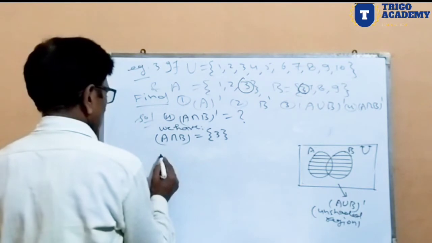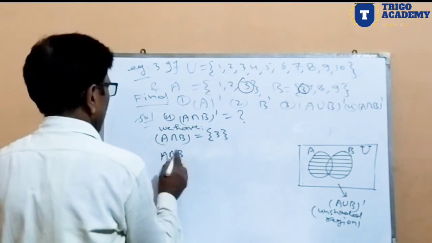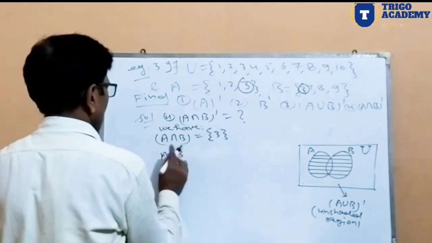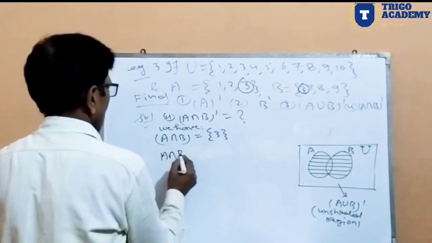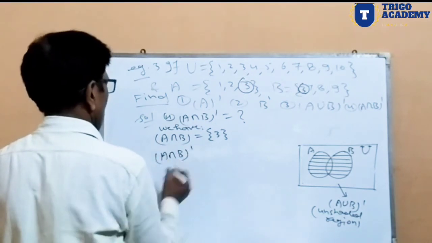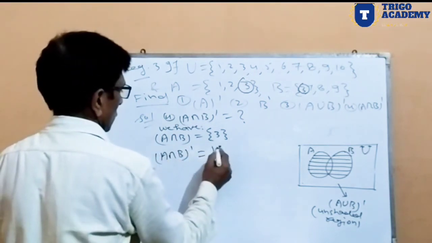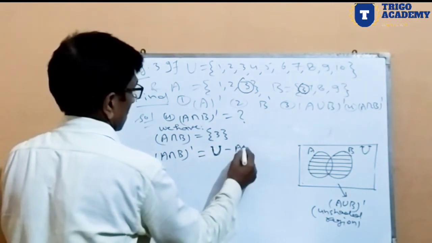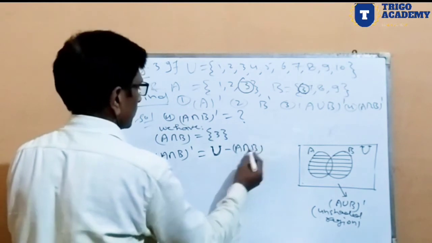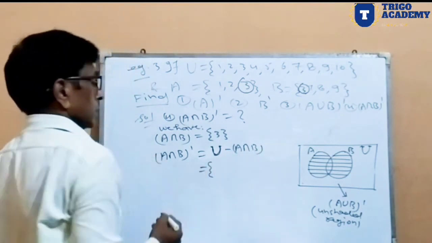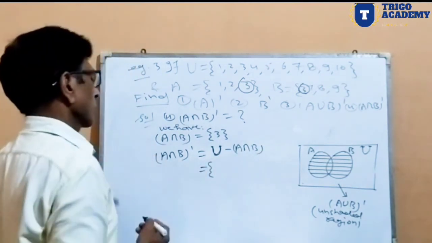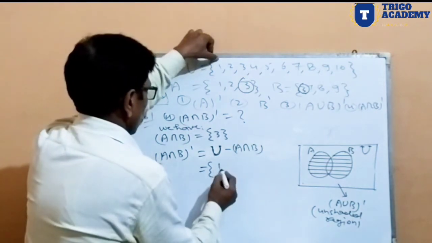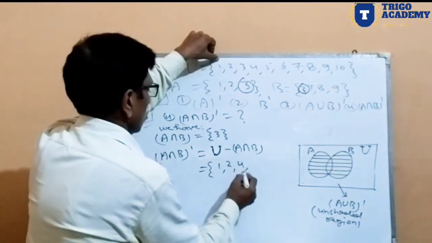And now after that, we have to find (A intersection B)', which is equal to U minus A intersection B. So this value will be 1, 2, 4.